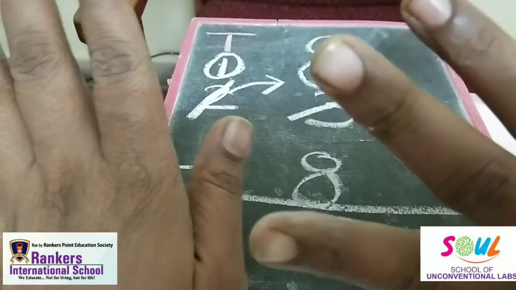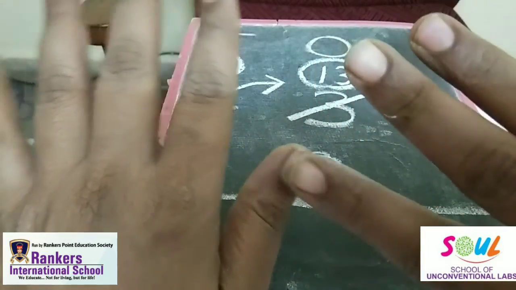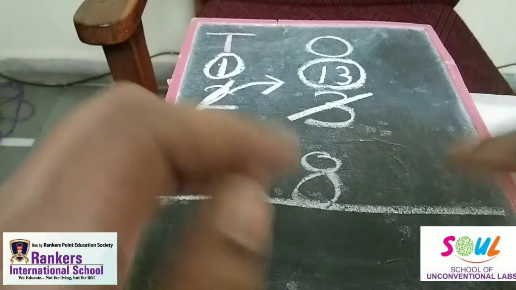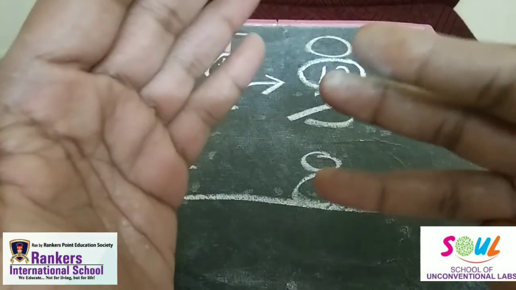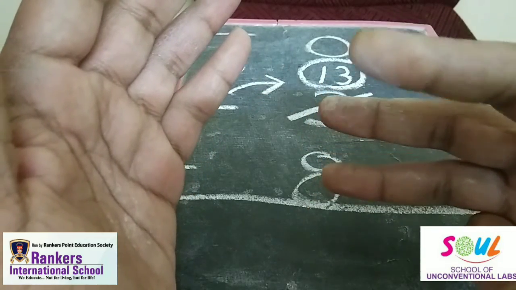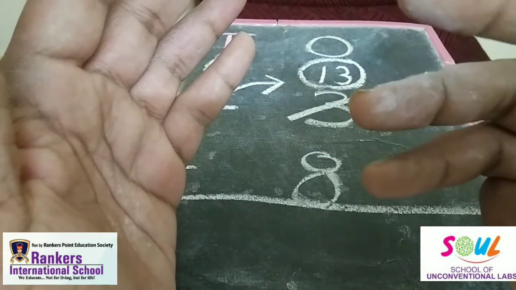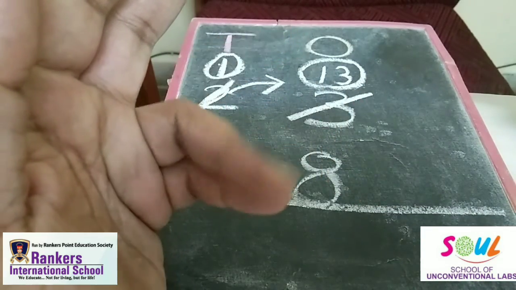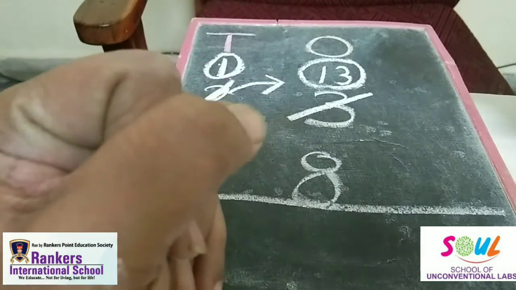Okay, so 8 fingers I have taken out. Now we will count backward. Backward counting we will do. Before 13, it's 12. 12, 11, 10, 9, 8, 7, 6 and 5.